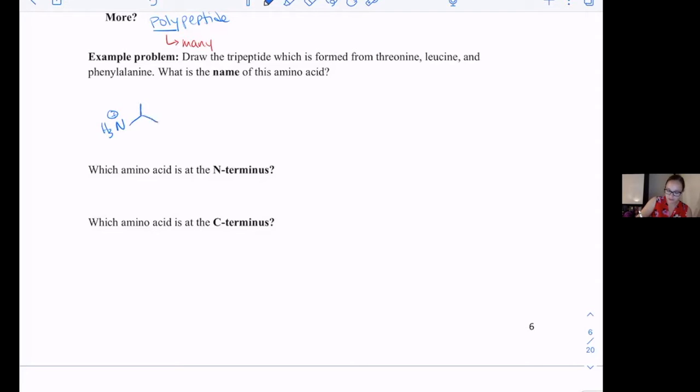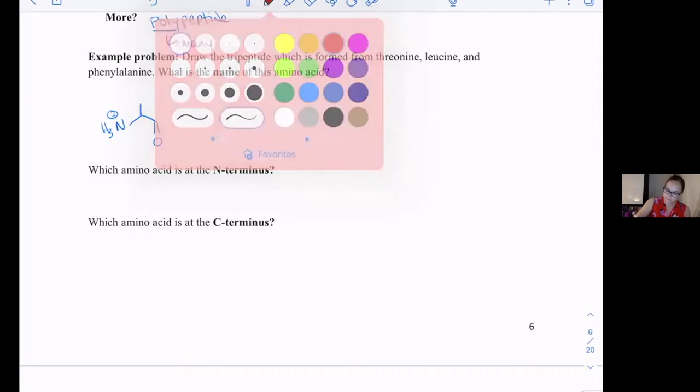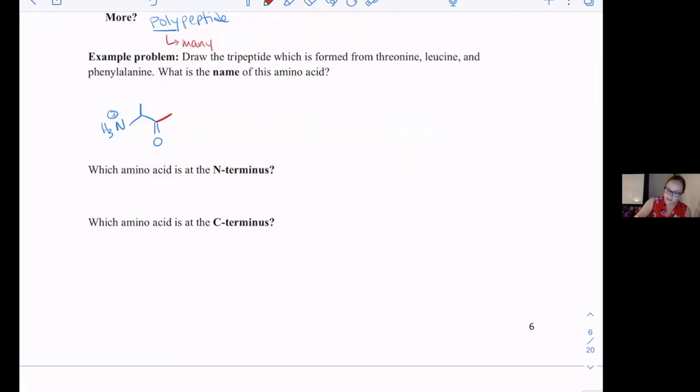So I'm going to leave that off for right now. And then my carbonyl. That is then directly, let's go ahead and do the colors because I like colors. We have our peptide bond here to another nitrogen. Then our R group is right here. Then we have our carbonyl.